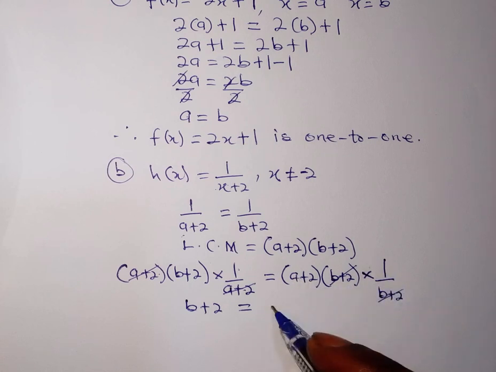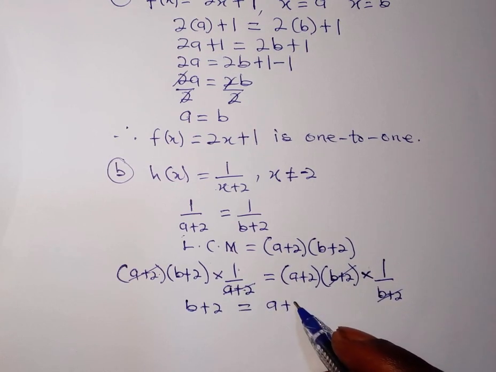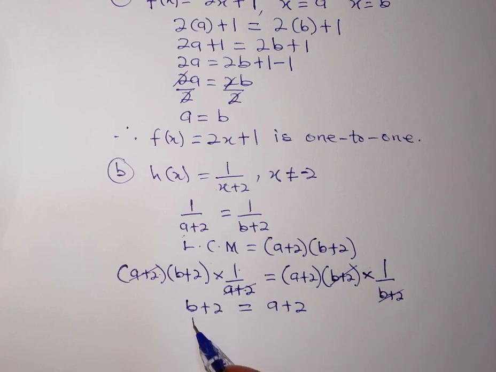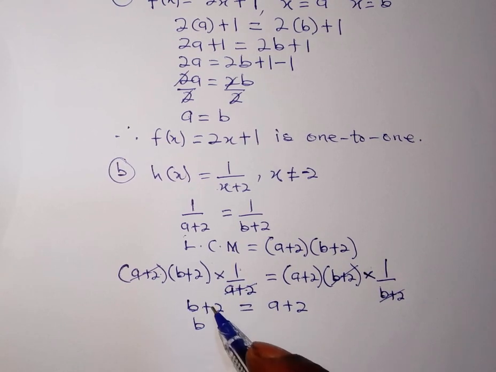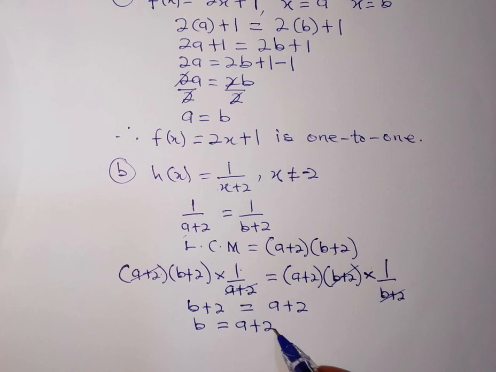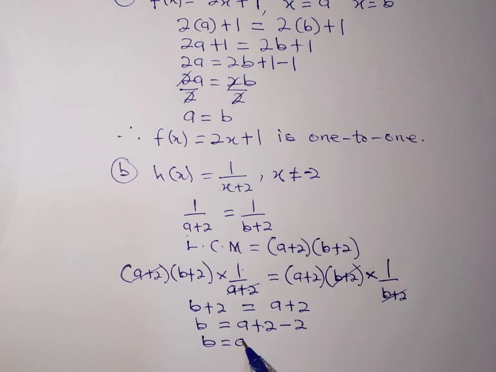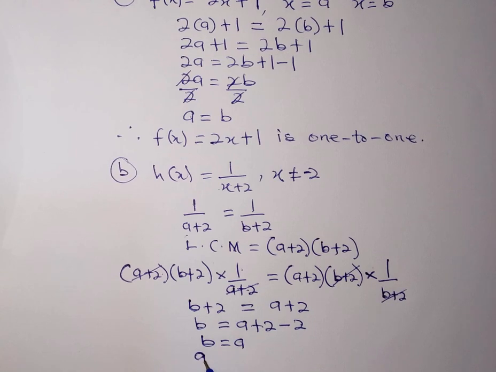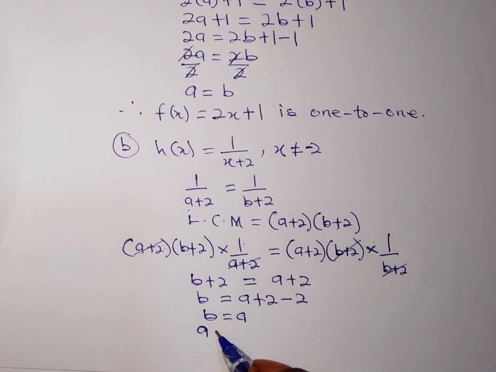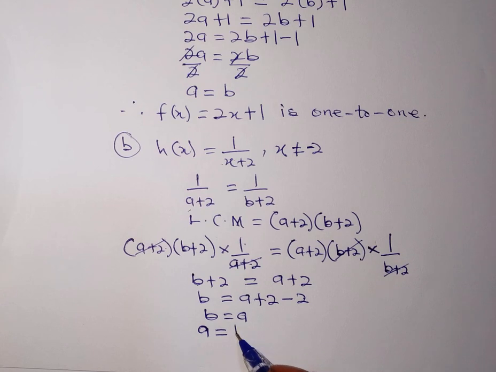It is equal to, and it's left with this one, a, this times that also gives me a + 2. I can maintain b here, which is equal to, and transpose 2 there, which will be a + 2 - 2. Now this is positive, this is negative, so I'm going to get b is equal to a. Because all these are positive, I can bring the a here and bring b here.